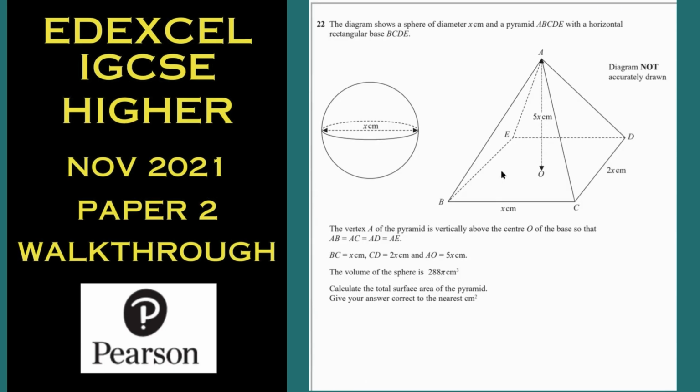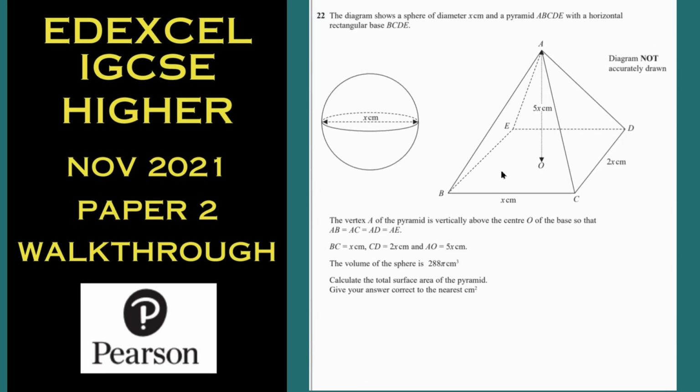And number 22. Lots going off here, but not as bad again as it might look. Loads of x's, but you can work it out. The volume of a sphere is 4/3 pi multiplied by the radius cubed. Now the radius is not x, but let's come back to that.